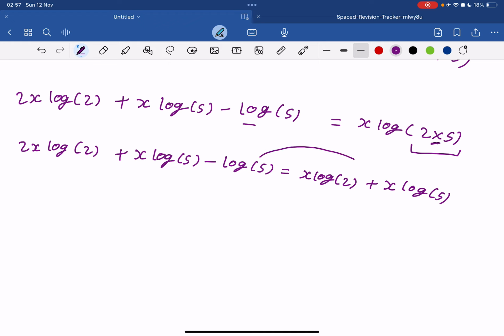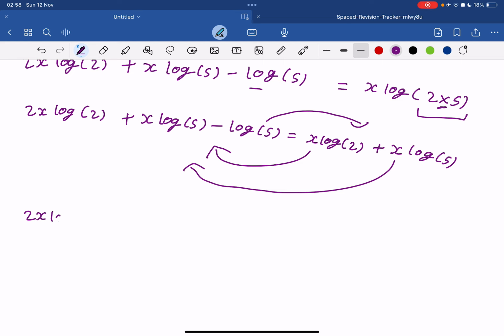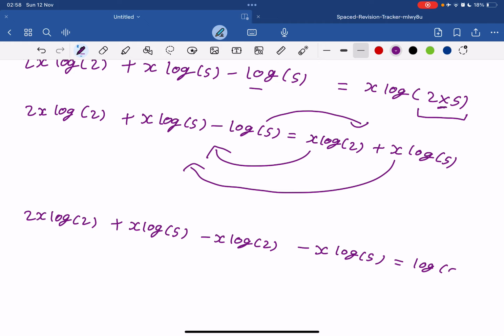Hopefully you can see that involves this kind of process. Now let's do it. So 2x log base 2 plus x log base 5 subtract x log base 2 subtract x log base 5 equals log base 5.